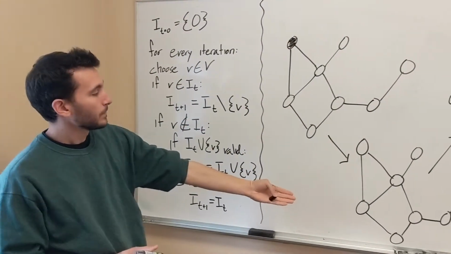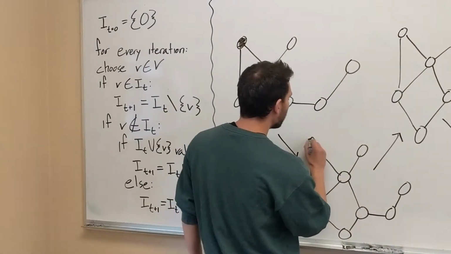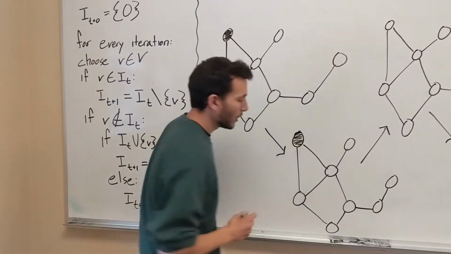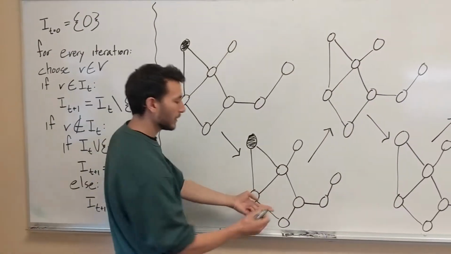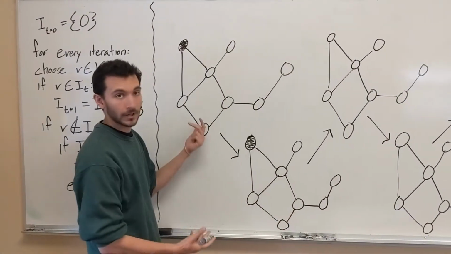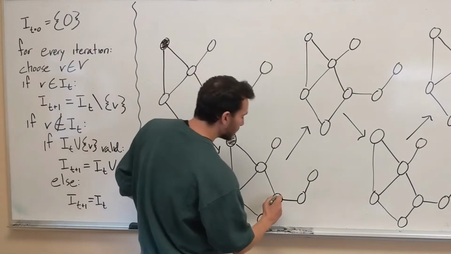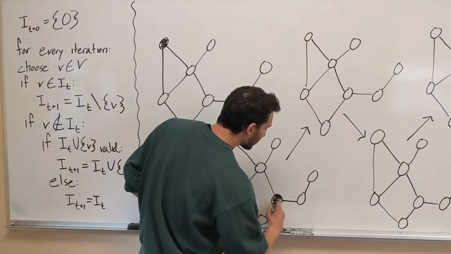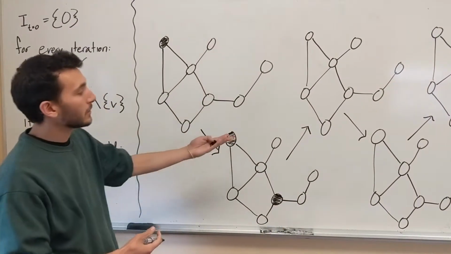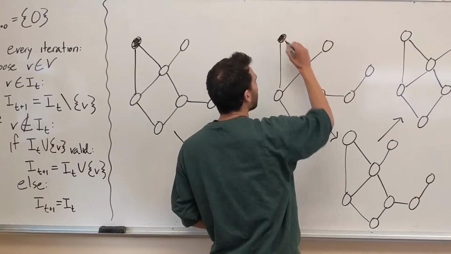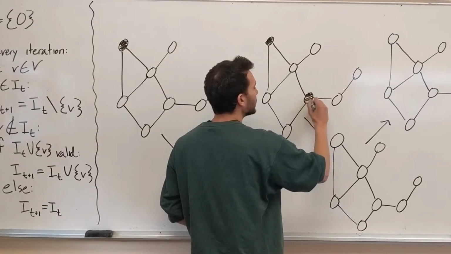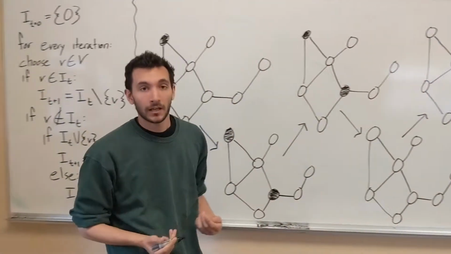Our next iteration down here, we have this one already chosen. We will choose another vertex randomly, we get this one. Again, not in our independent set, does not create an edge. We can add it. And we go to our next iteration, which we now have these two chosen. We go to add another.